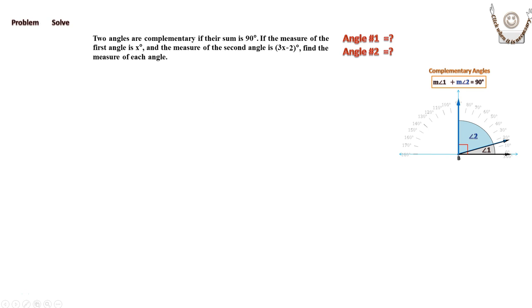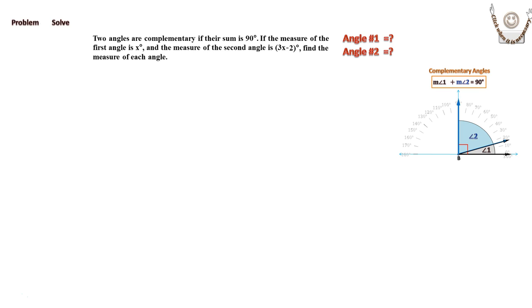Two angles are complementary if their sum is 90 degrees. If the measure of the first angle is x degrees and the measure of the second angle is 3x - 2 degrees, find the measure of each angle. First of all, what are we looking for?